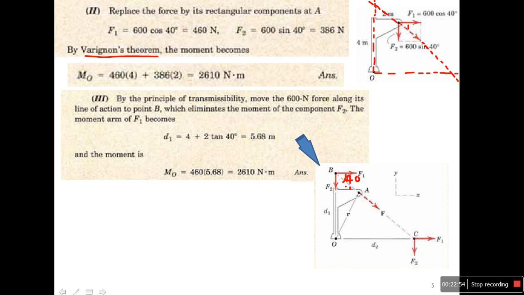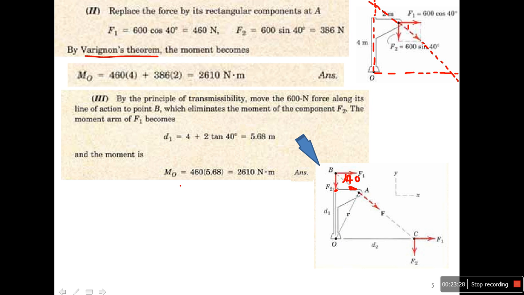So this one is equal to 50, and this one is equal to 40 as well. Now by tan, because this distance is equal to 2 meters, tan 40 equals this distance over 2. So 2 multiplied by tan 40 gives me the distance from this point to that point, plus 4, because the distance from this point to O is equal to 4, and I get D1.